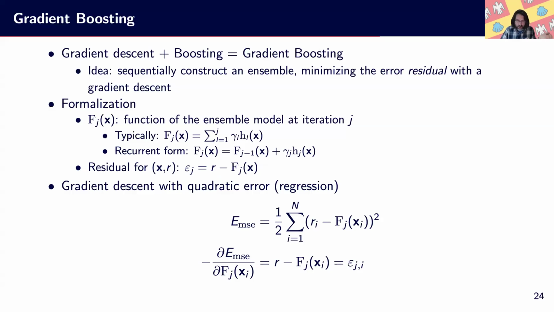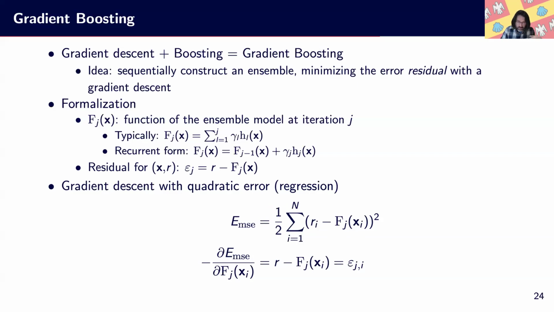So we have the mean square error here, or the square error here, that we are using. So this is a difference between the target for each sample from 1 to n, and the output provided by the ensemble at the current j step. So we have this difference squared. We have the sum of all differences, and we multiply it by 1/2.